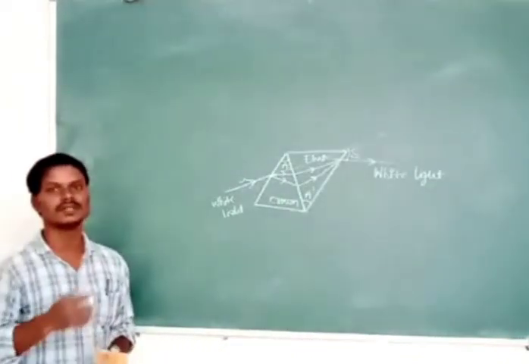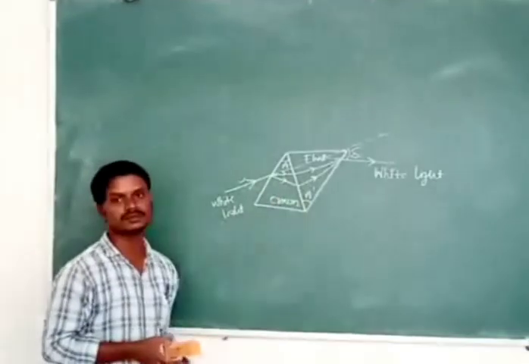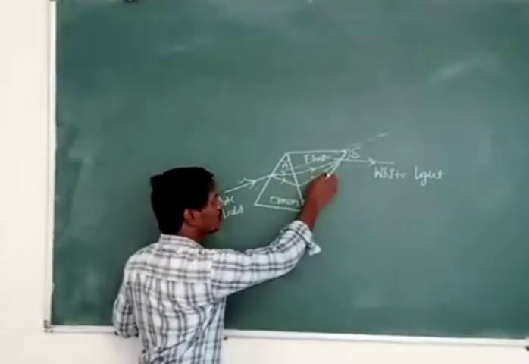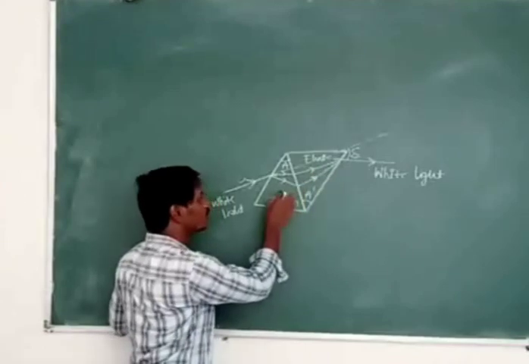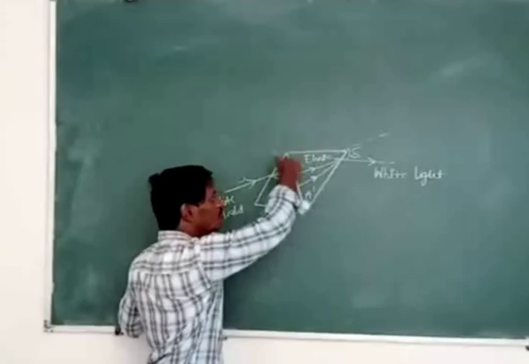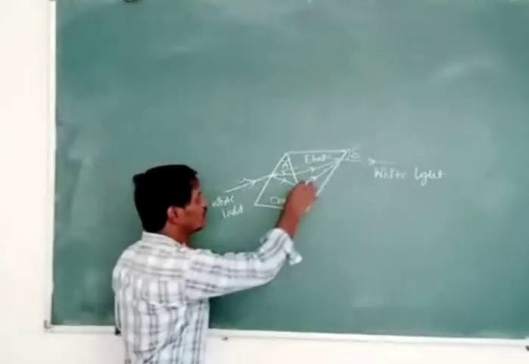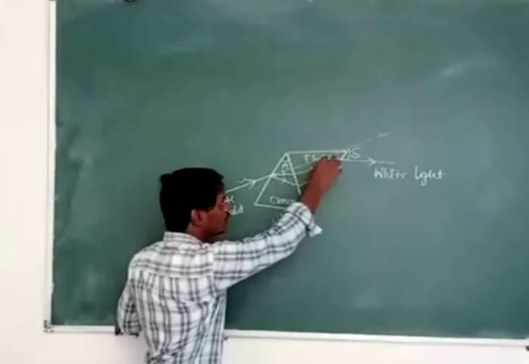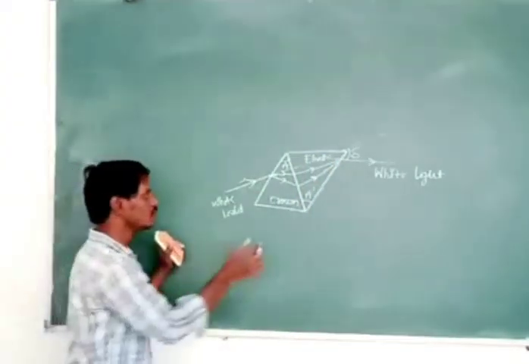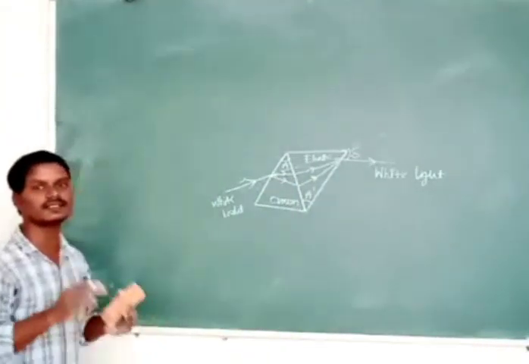Now we are going to find the net deviation produced by the combination of these two prisms. The deviation produced by the flint glass is opposite to the deviation produced by the crown glass, because the flint glass prism is inverted here. Then what about the net deviation?